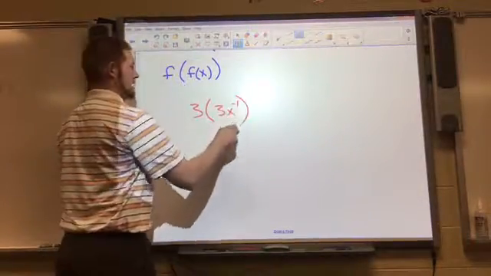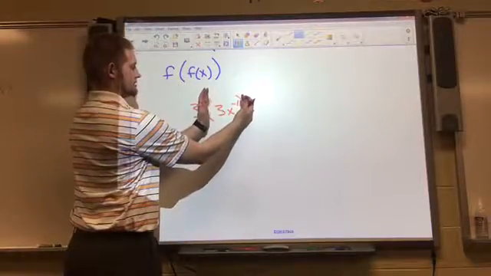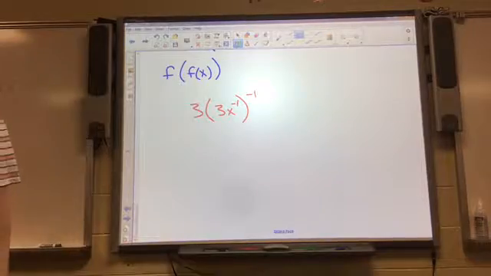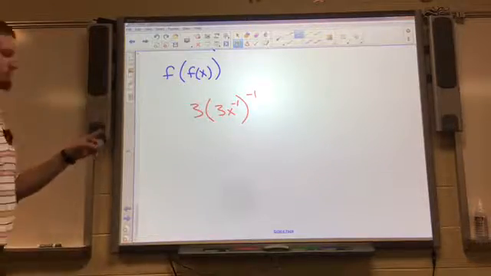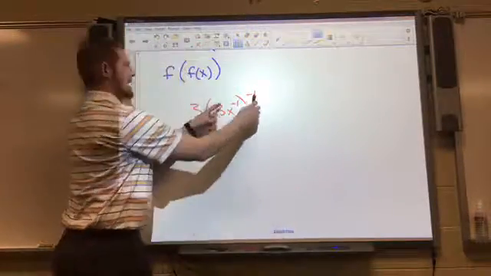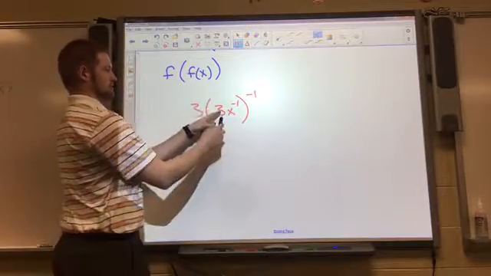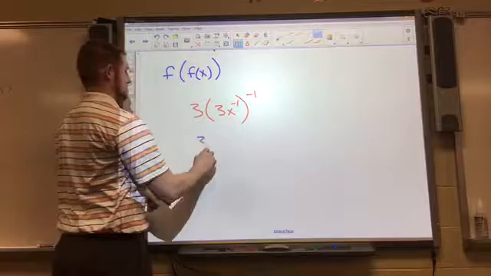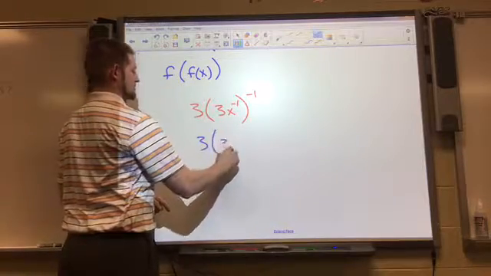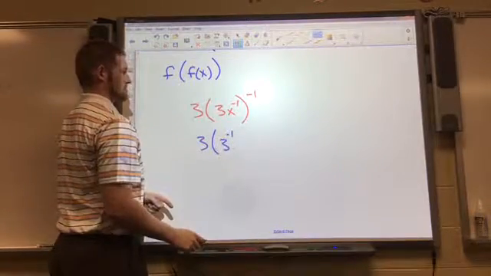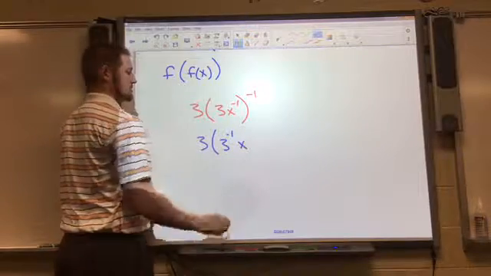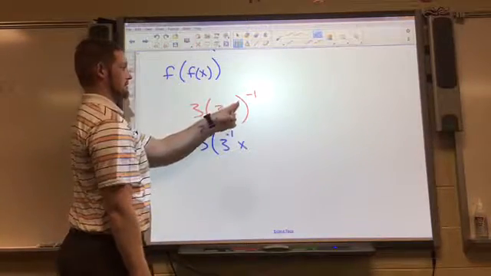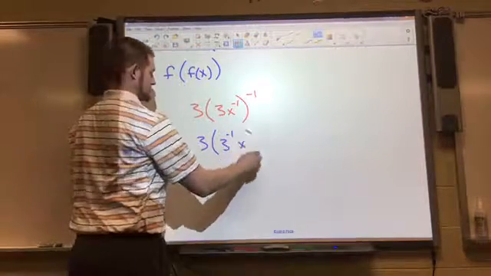And then all of that, because this was my x, is to the negative first. So now let's simplify first. Now that negative 1 goes to both the 3 and the x to the negative first, right? So I have 3 times 3 to the negative first, x to the first.